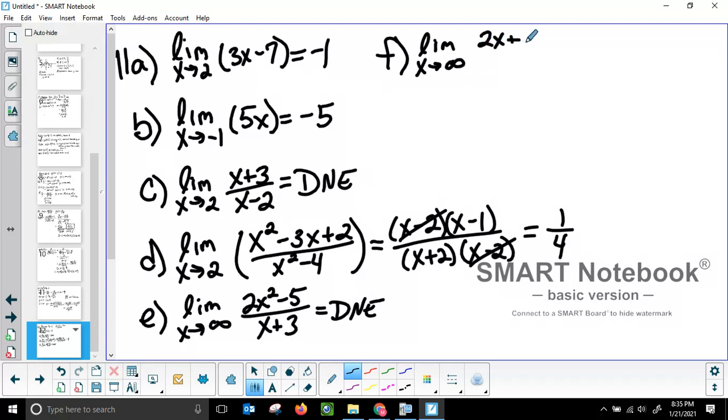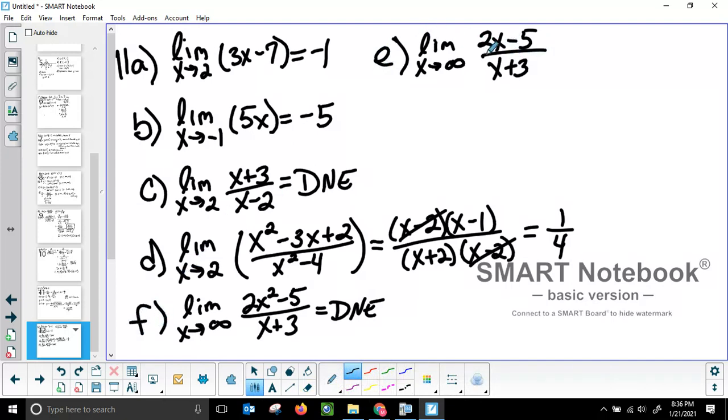All right, this will be 2x minus 5 all over x plus 3. So just so there's no confusion, this is going to be E, and this was F.